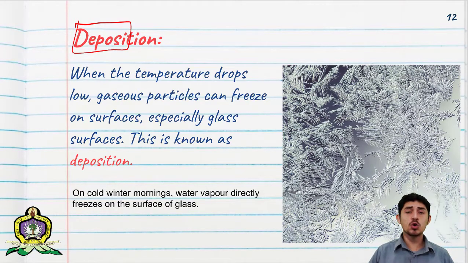And this is usually evident on glasses in North America and South America during winter. And during winter, you should be able to see that it wasn't snowing, it wasn't raining, and all of a sudden there's frost covering the glass. That is known as deposition, the process in which a gas directly turns into a solid.